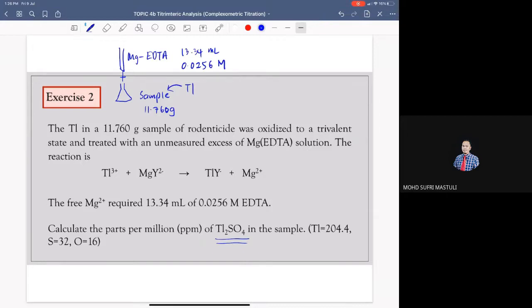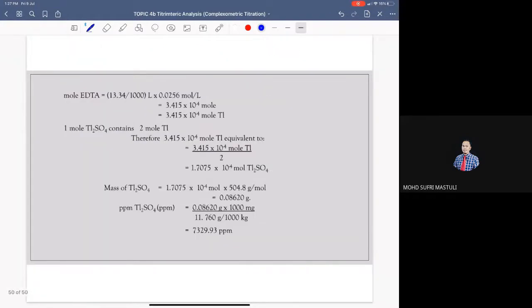We know from the chemical equation, 1 mole of thallium reacted with 1 mole of Mg-EDTA. So we already know this Mg-EDTA molarity and volume in milliliter. So we can calculate the number of mole by using molarity is mole per liter.